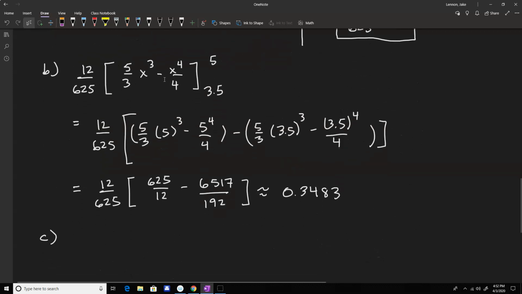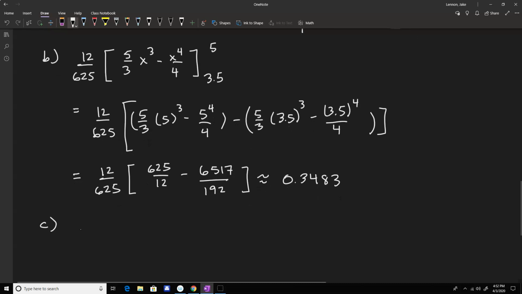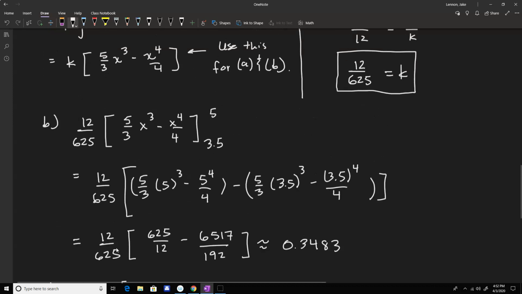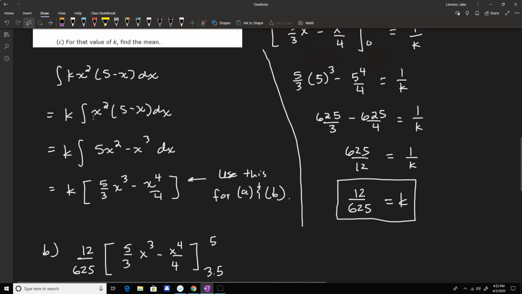So the mean mu is going to be the integral from 0 to 5, and we know the value of k is 12 over 625. And what was our original function? 5x squared minus x cubed.